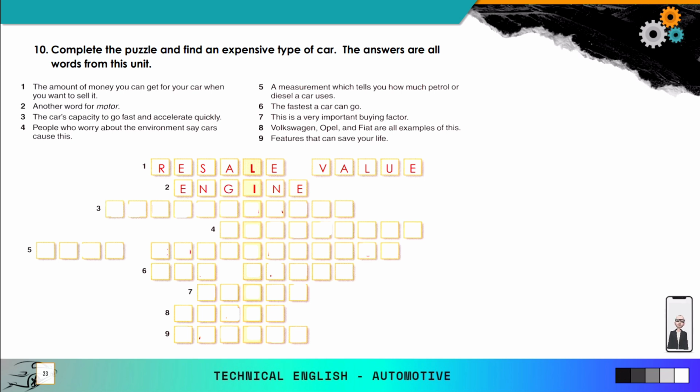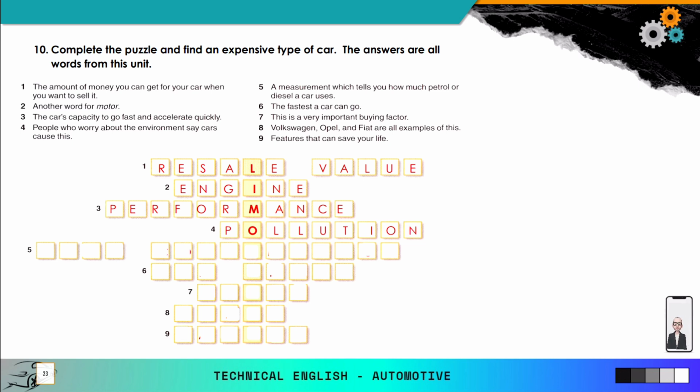E-N-G-I-N-E for engine. Number three, the car's capacity to go fast and accelerate quickly. The car's capacity to race. That would be the performance. Performance, A-N-C-E, performance. Number four, people who worry about the environment say cars cause this. And that is pollution. There we go, pollution.